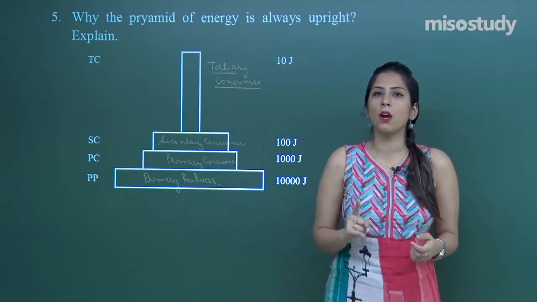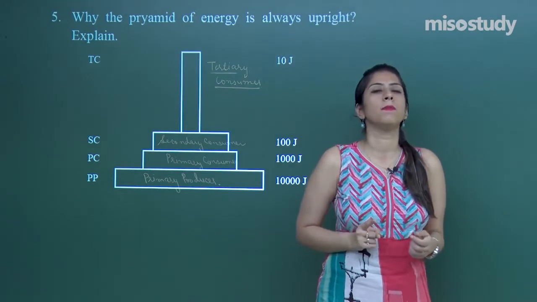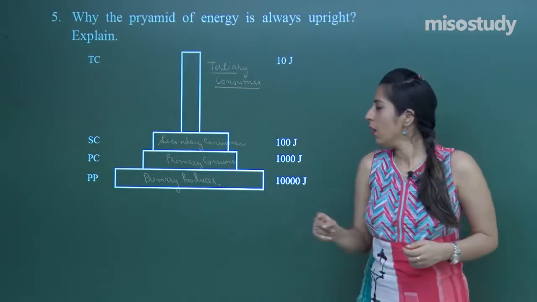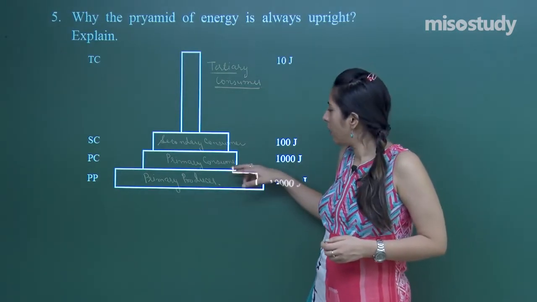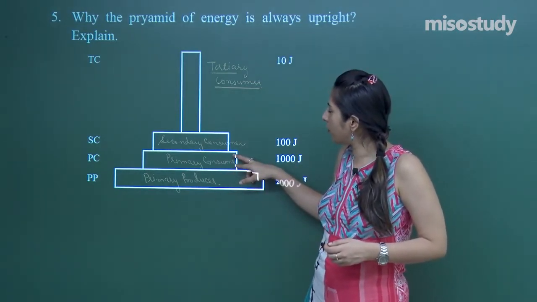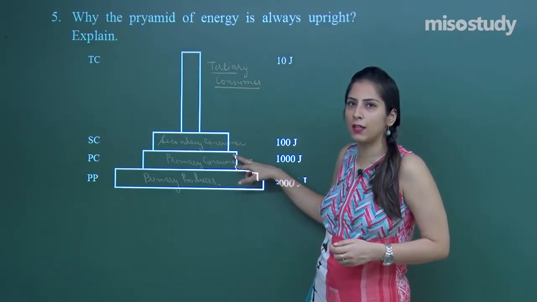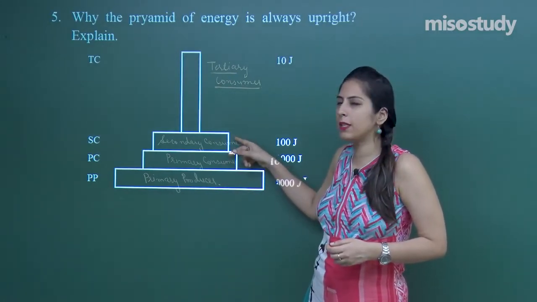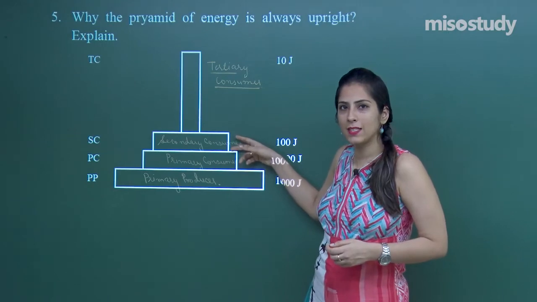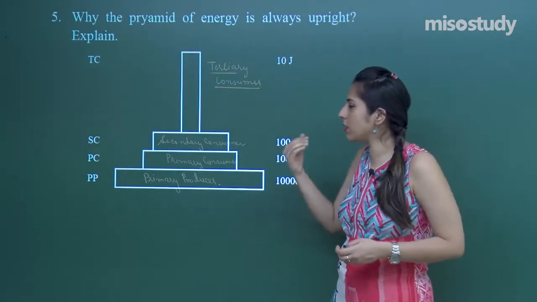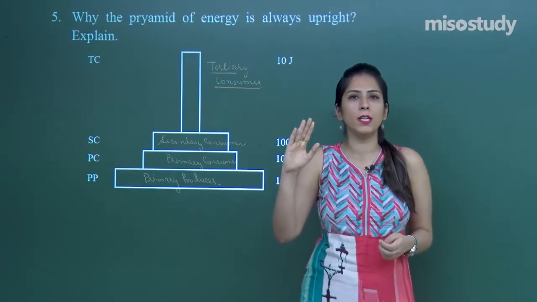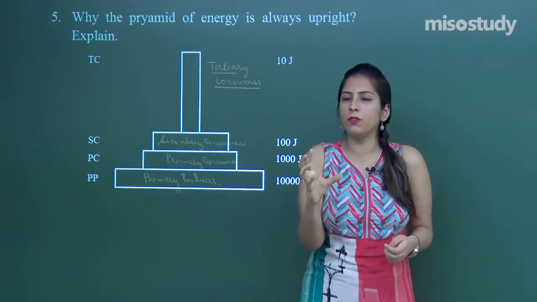According to Lindemann, only 10% of energy is transferred from one level to another as we move upward. From the primary consumer, that means a herbivore, the deer, they will be fed upon by the secondary consumer, and these secondary consumers obtain energy, and some of the energy will be dissipated in the form of heat.